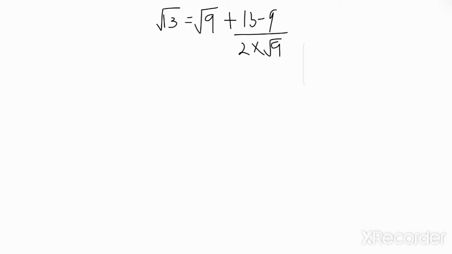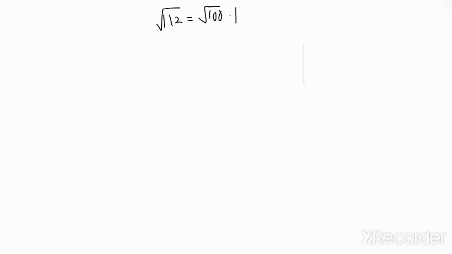So let's see another example, maybe the root of 112. Just as we did in the previous example, you just think, what's the closest perfect square to 112? That's 100. Then the remainder, 112 minus 100, over 2 times root 100.